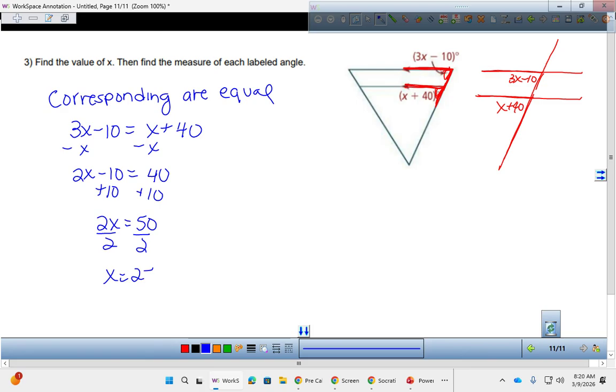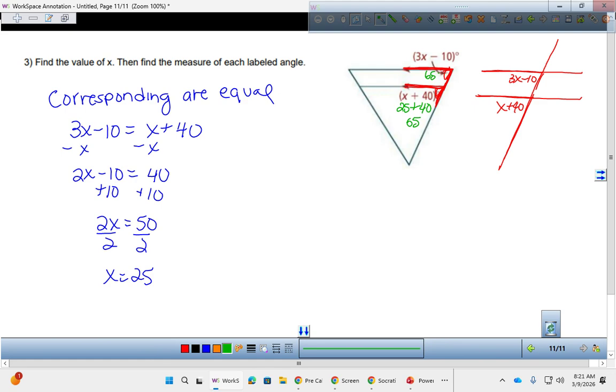I'm just doing the algebra quick here because I think you'd be fine with that part. It's the setting up and knowing they're equal. And then it says, then find the measure of each labeled angle. Well, if x is 25, then this is 25 plus 40, which is 65. And if this is 65, then this is 65 too, because they're equal.